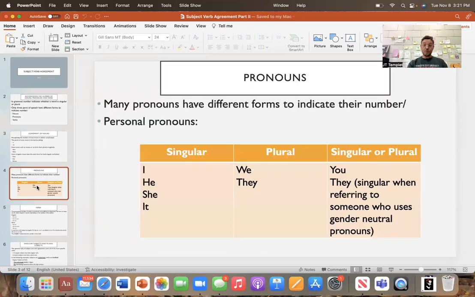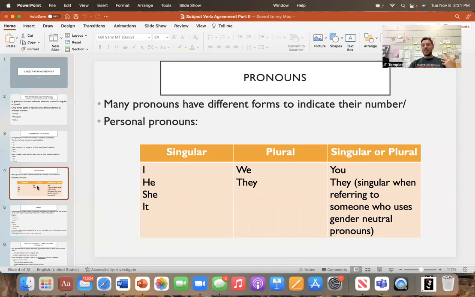Many pronouns have different forms to indicate their number. So for personal pronouns, right? I, if we're talking about more than one I, it's we, right? So other singular ones include he, she, and it. Plural is we and they.